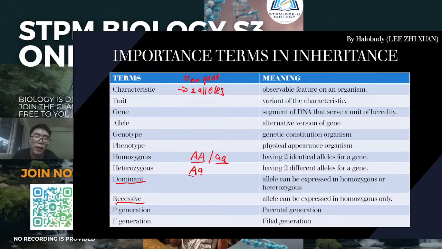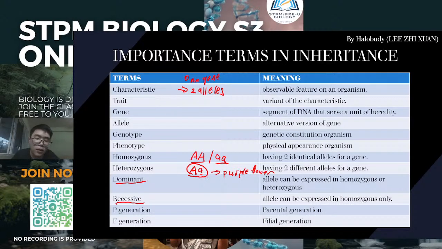But if we say that the plant is dominant, the plant will express the dominant characteristic only. The recessive characteristic will not be expressed, like the flower. Normally the purple flower is dominant, white flower is recessive. So if it is heterozygous, it will only produce purple flower.